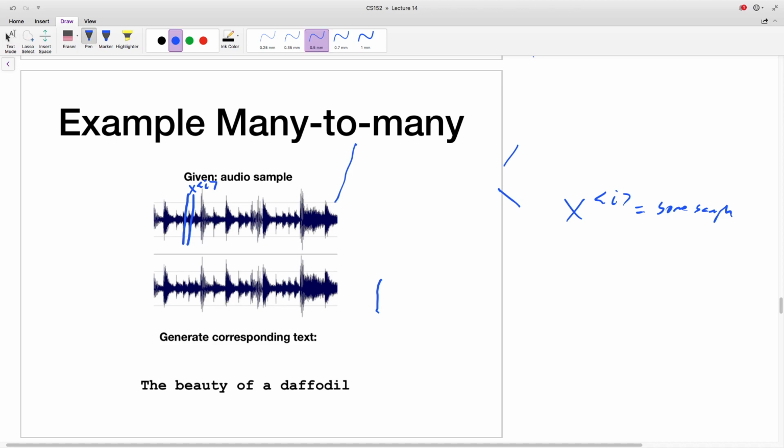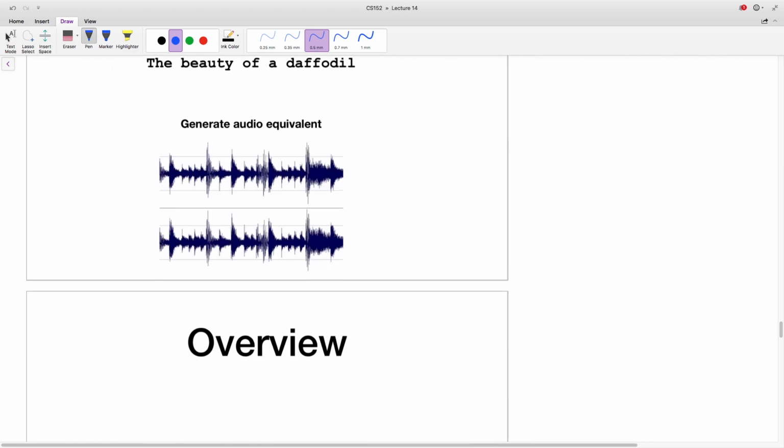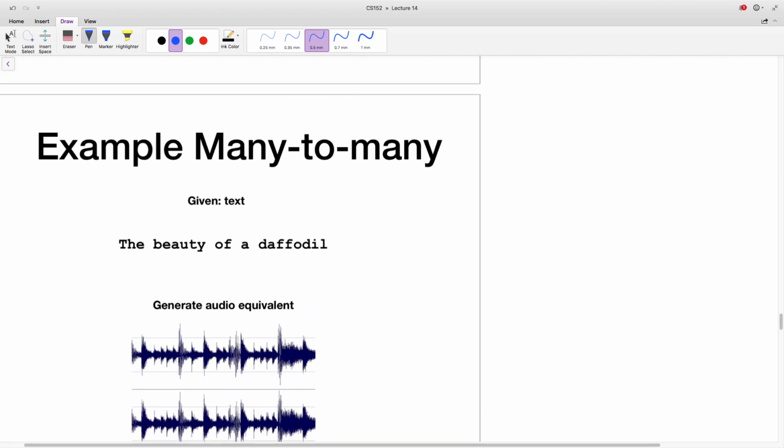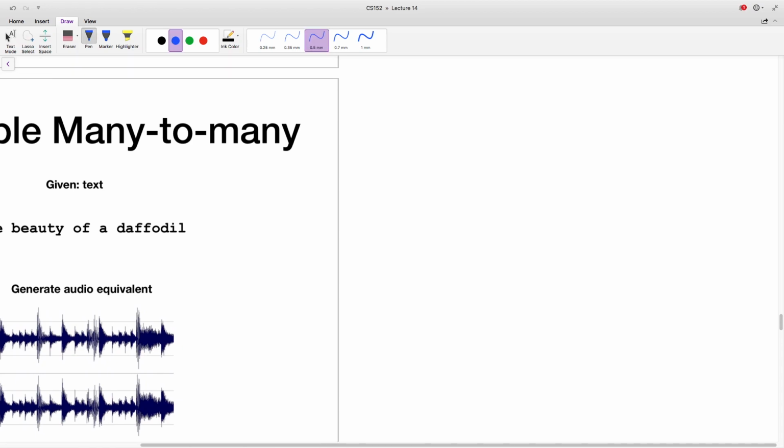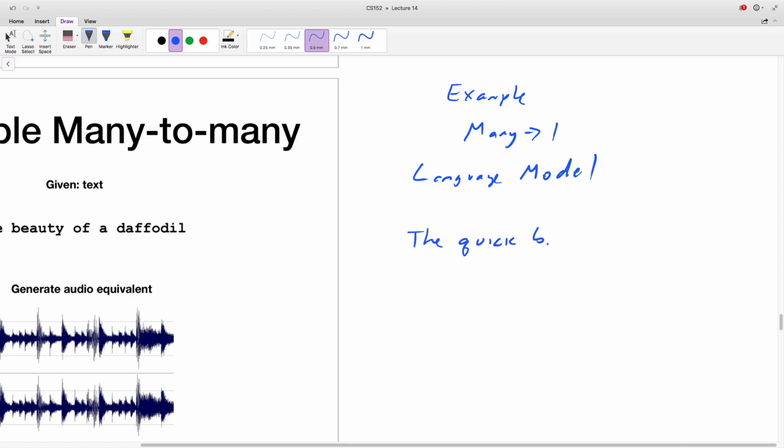All right. Oh, let me give you one more example. So this would be many to one. And this is what's called a language model. So in a language model, you provide some words like the, quick, brown, and you're trying to provide the probability of the next word.